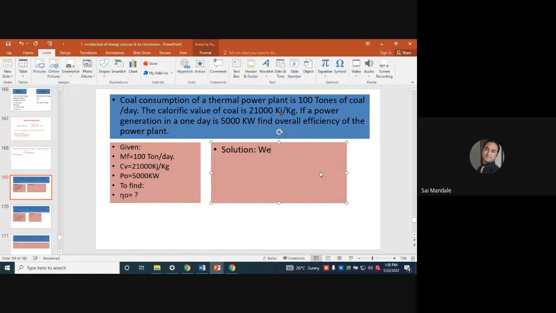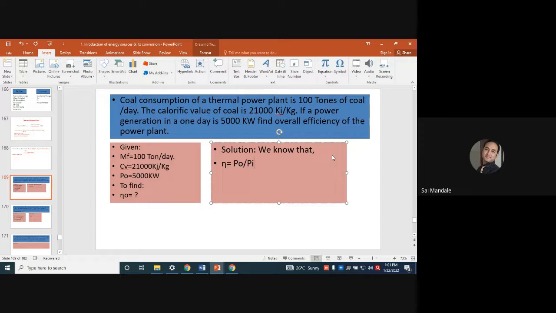Eta is equal to, that is, the efficiency of the thermal power plant is equal to output upon input.